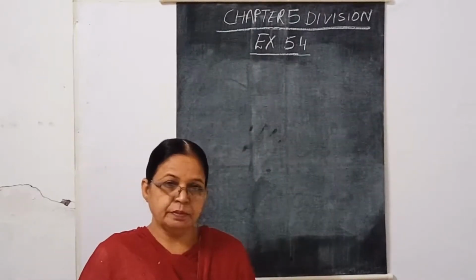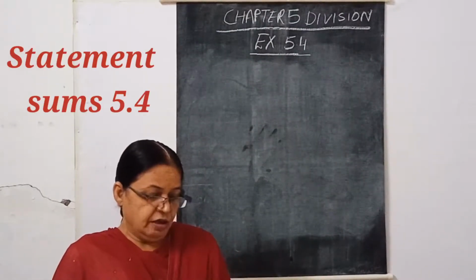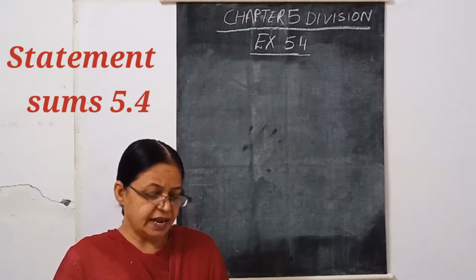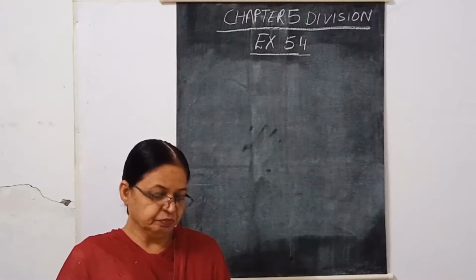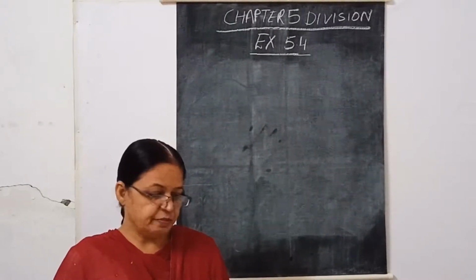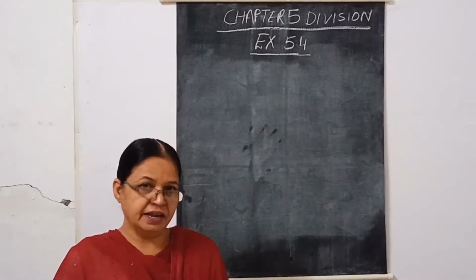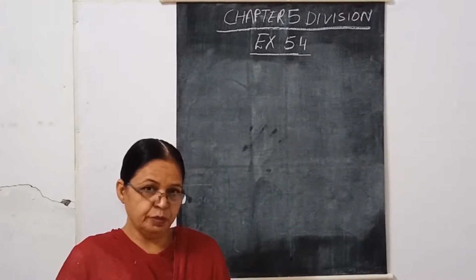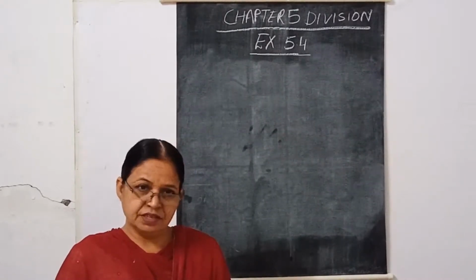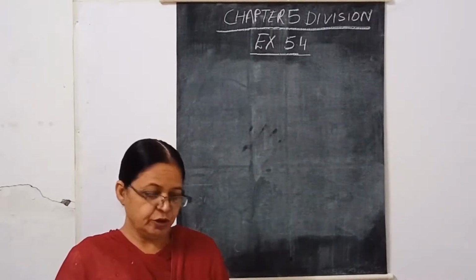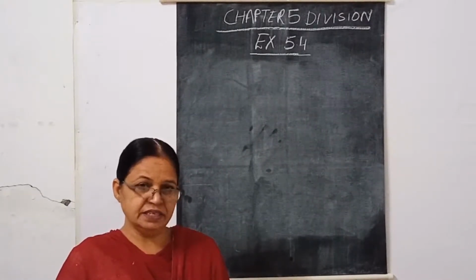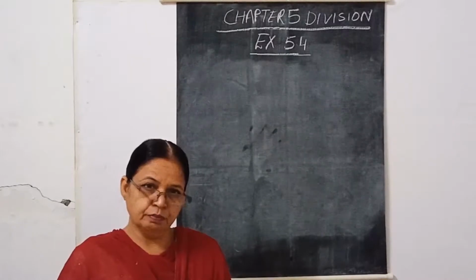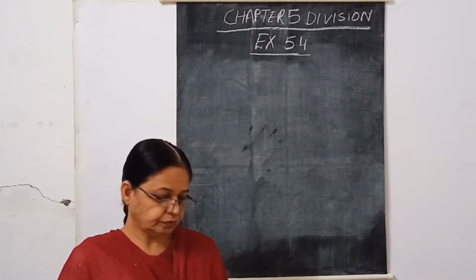First you understand the meaning of the question. Question number 1. 49 stems are to be shared equally by 7 boys. Students, this is exercise 5.4, page number 94. Open your book in front of you, start reading the question, and I am going to make you understand how to write the statements, and then do it in your book and copy both.